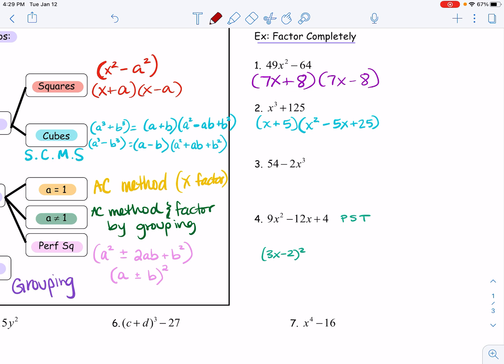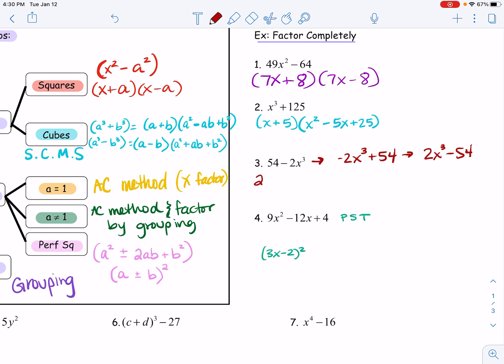So if I take out a 2, or really I can rewrite this maybe as negative 2x cubed plus 54, which is really the same thing as 2x cubed minus 54. Either way, it doesn't matter. Typically, it's a little bit easier when we have a positive leading coefficient rather than a negative leading coefficient. But either way, my GCF is 2.